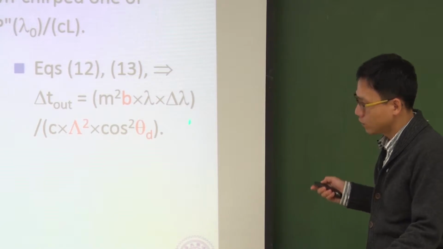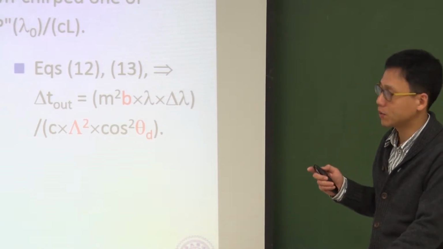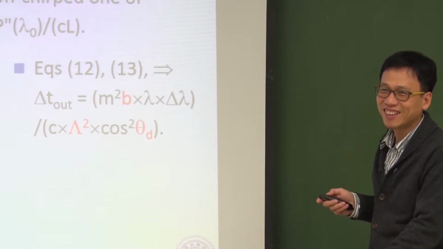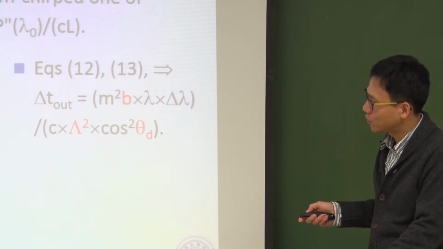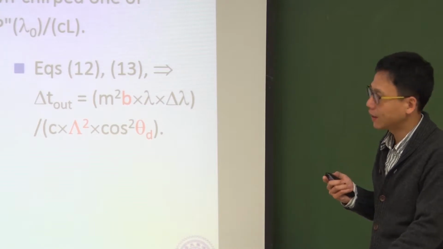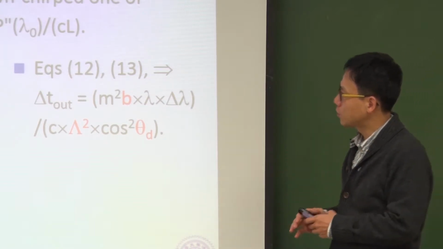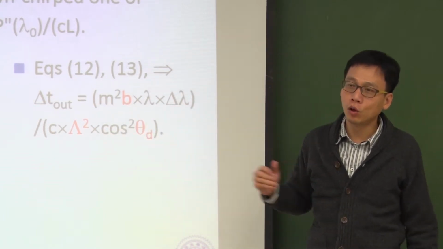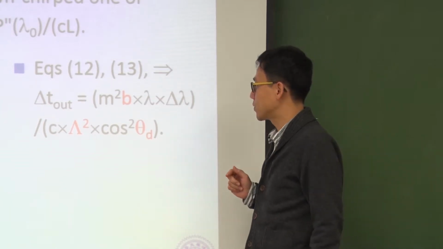And I just write down the result and highlight the key parameters that you can play with. B, what is B? Here, okay? From first grating to second grating, but for the reference ray, okay? So if you increase the grating separation, you will have a larger B, so you will have a longer output pulse, okay? The first knob you can play with.